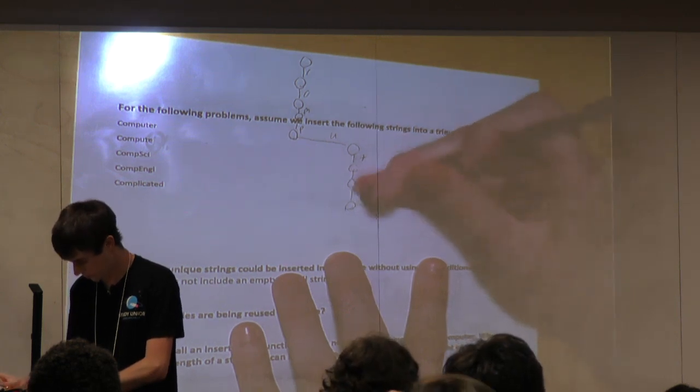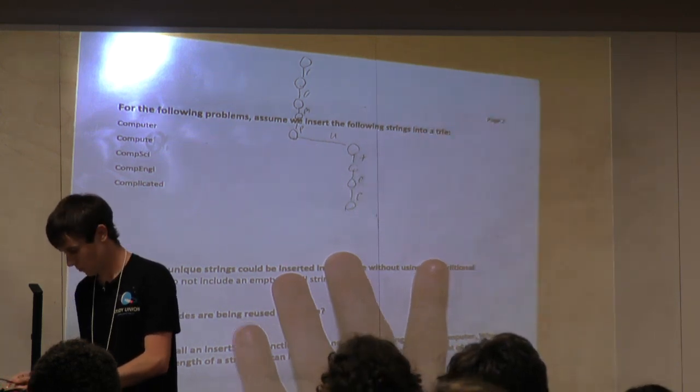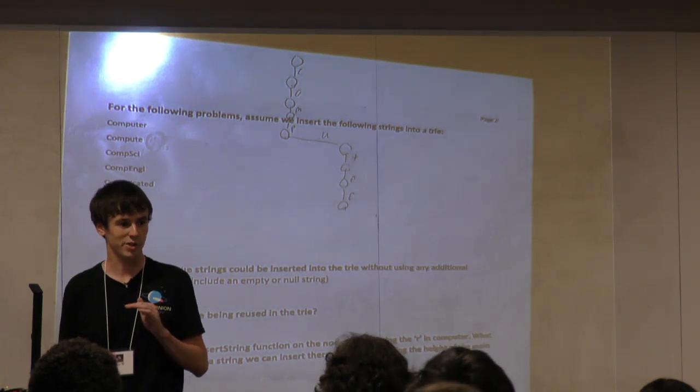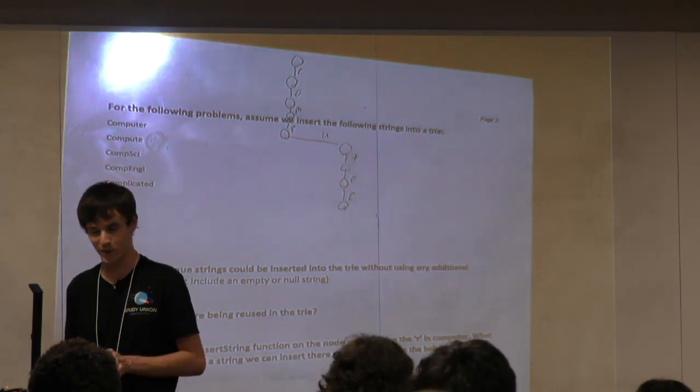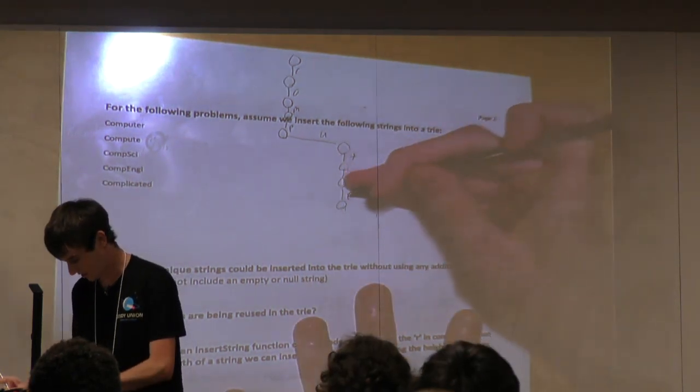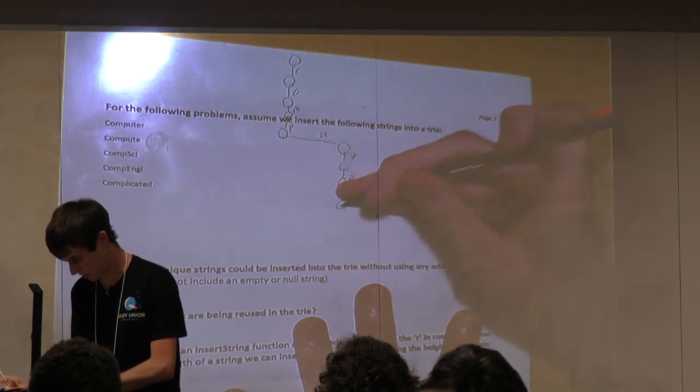That's supposed to be an R. If at any point my handwriting becomes an issue, please flag me down. I'm well aware my handwriting is not the best. I'd say that's a recurring theme in the CS department.